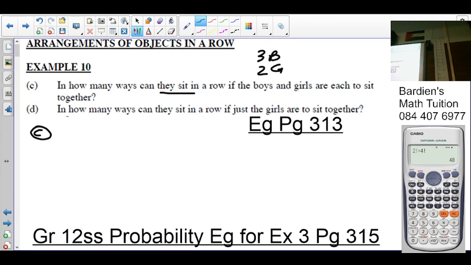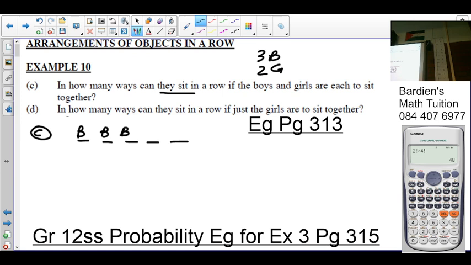So how many bids do we draw then? 5. So it's 1, 2, 3, 4, 5. So if all the boys are to sit together, then how many bids should we bind? 3 bids. Because there's going to be boy, boy, boy.